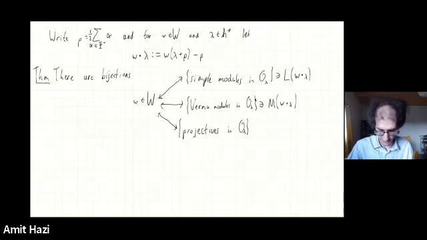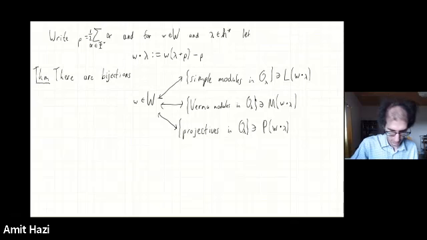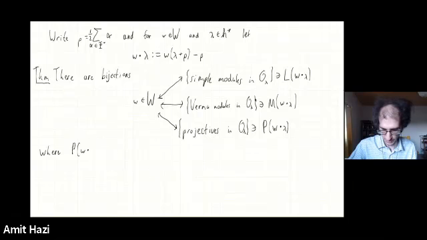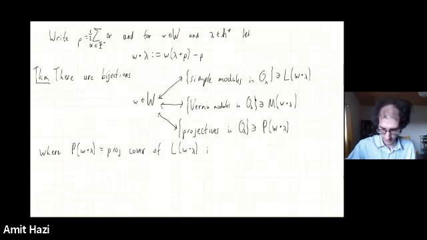And then for projectives, I haven't defined P yet, but I'll say what these modules are in a sec. P of w dot lambda is the projective cover of L, the simple module L of w dot lambda, inside this category O lambda.